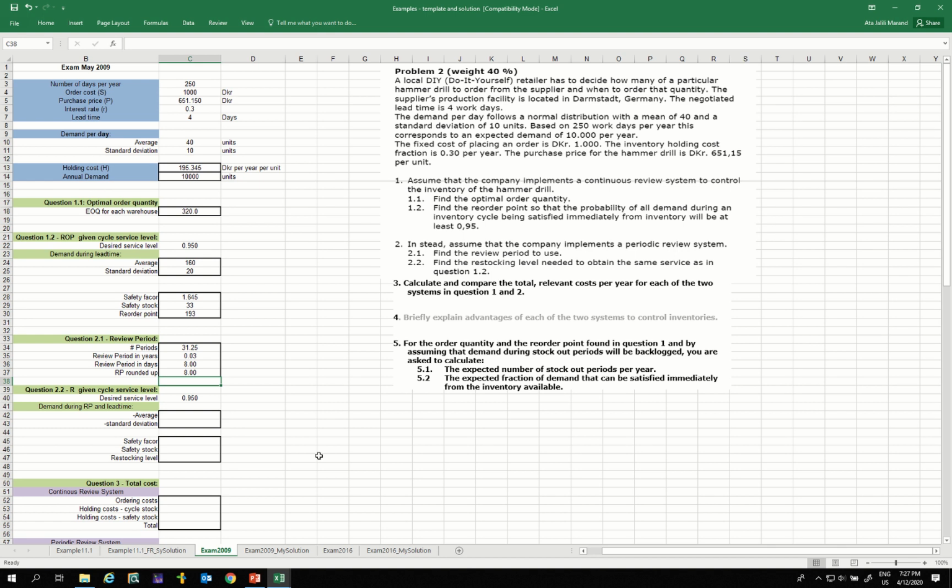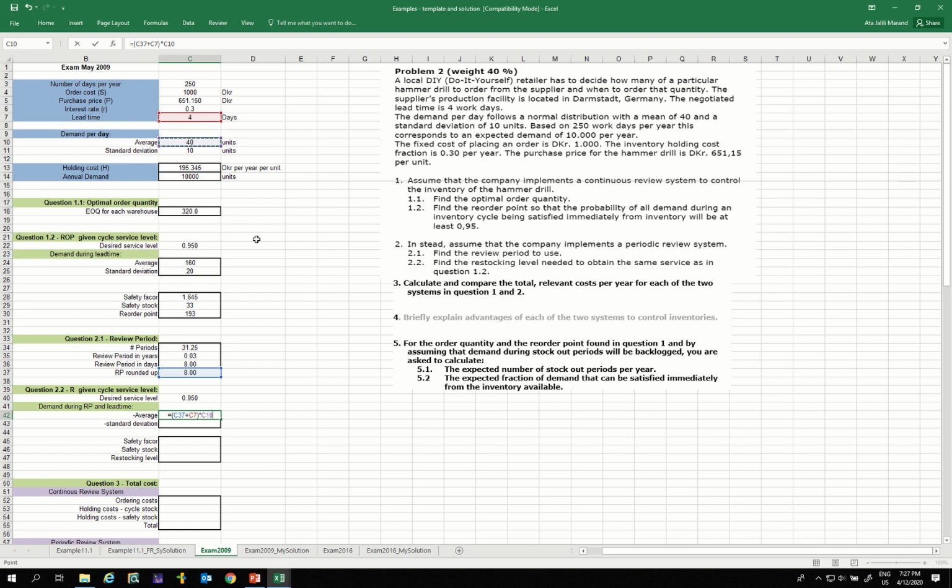Question 2, part 2, we want to calculate the restocking level. To calculate the restocking level corresponding to a desired cycle service level, I need to calculate the demand during RP plus L. So the average would be RP plus L multiplied by average demand per day.